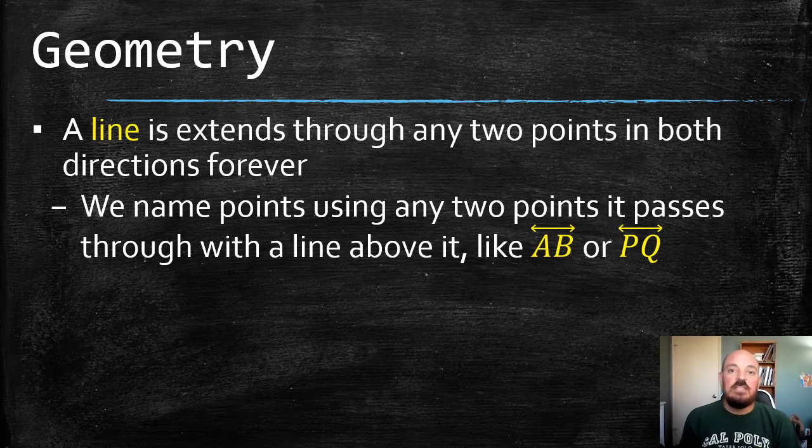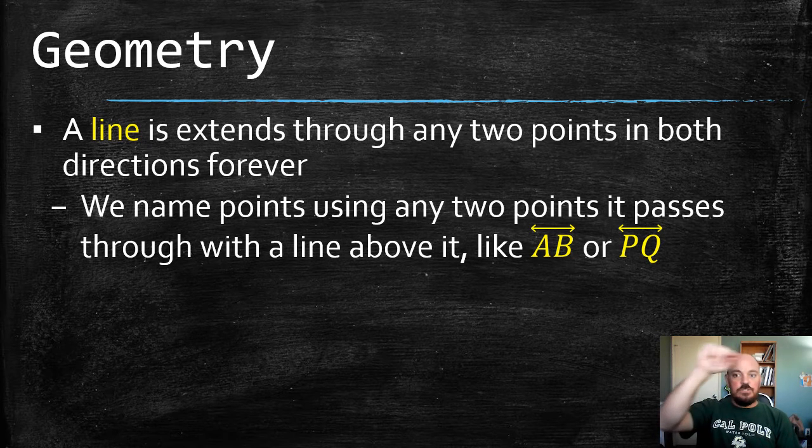Now, a lot of studying geometry has to do with understanding the vocabulary and the notation, the naming conventions. One way to name a line is to pick any two points on the line and write those two letters, like if it was A and B, I would write AB. If it was P and Q, PQ.